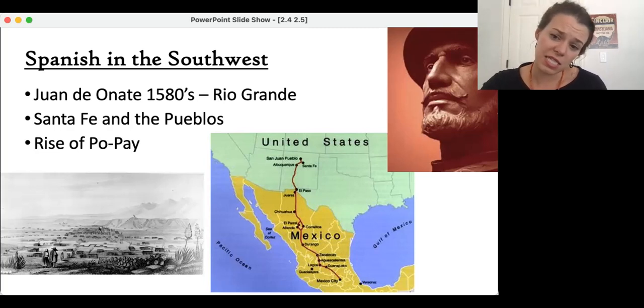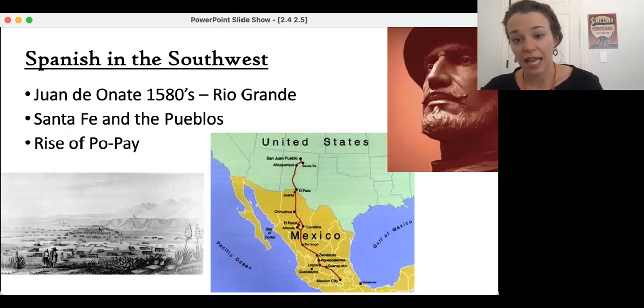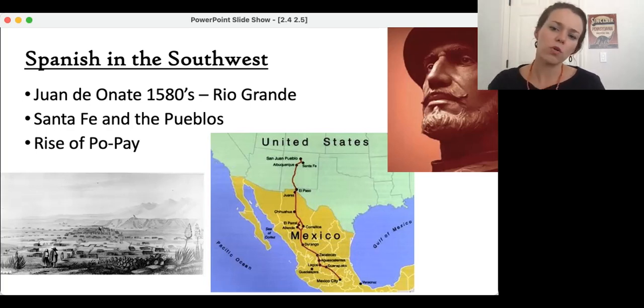By 1693, the Spanish return with a new policy. They get rid of the encomienda system. They allow for religious syncretism, so they don't mind if the native people practice their traditional religion as long as they also practice Christianity. And so a new culture starts to emerge in New Mexico, a real blending of indigenous traditions and European ones.